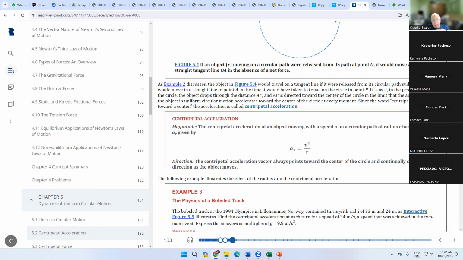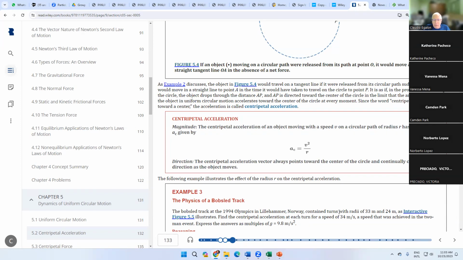Every time that you go at those exits of the freeway that has a very sharp turn, you feel some sort of a force pressing against you away from the center of the curve. That's what we call the centrifugal acceleration. The tighter the curve and the higher the velocity, the stronger the force that you feel inside your car.